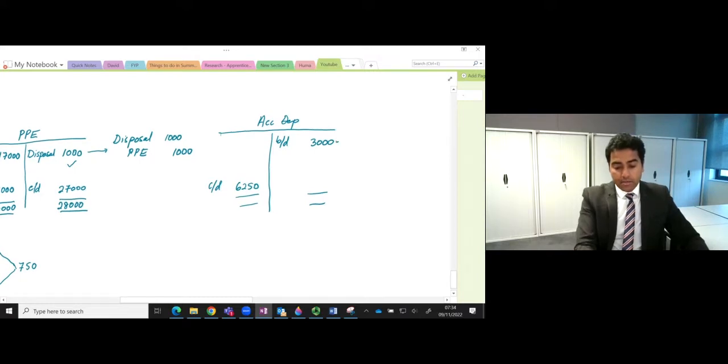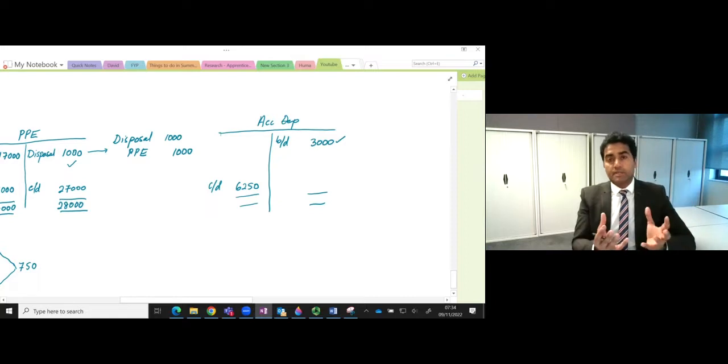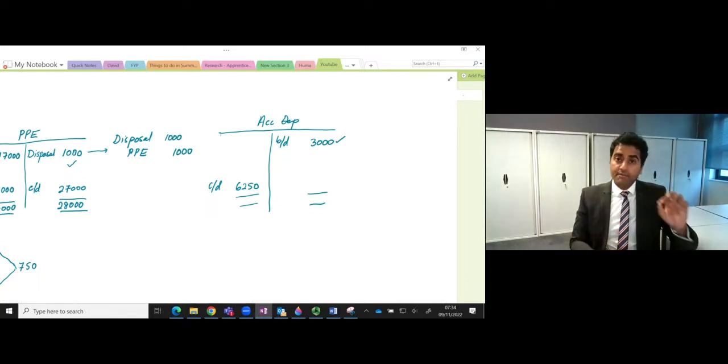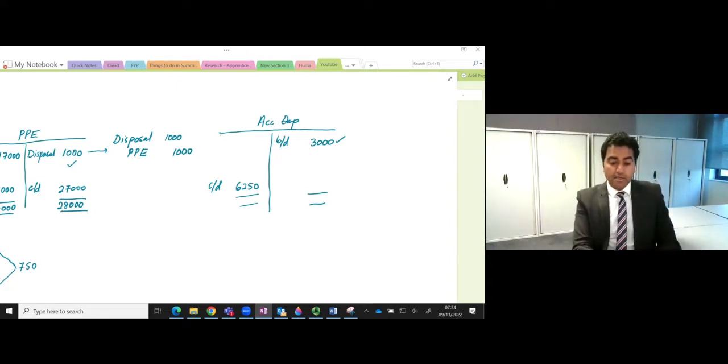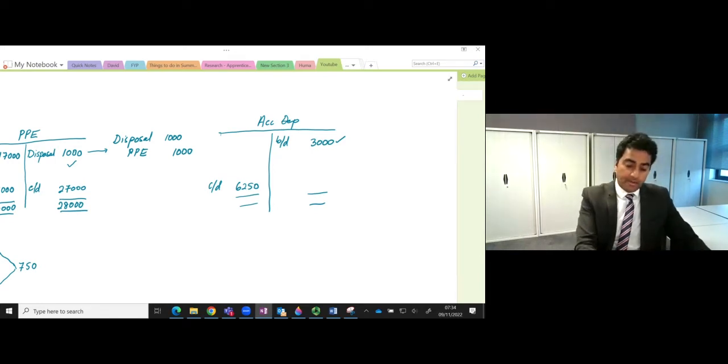As you can see that the opening balance of the accumulated depreciation is the total accumulated depreciation of all the property, plant and equipment. Therefore, the 750 that relates to that machinery is also sitting in that £3,000. And I need to remove that. And as I said, we do not erase figures in the accounting, but we make adjustments. And therefore, to remove £750 from 3,000, I need to record it on the opposite side, which is the debit side.